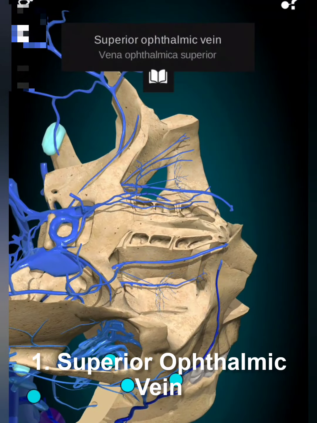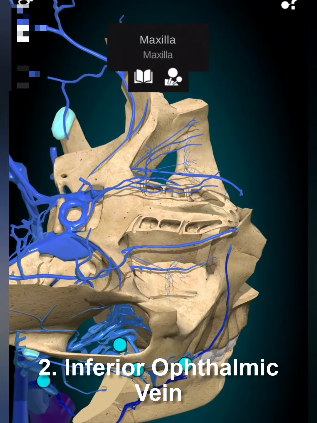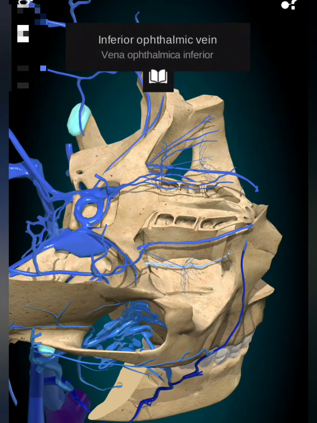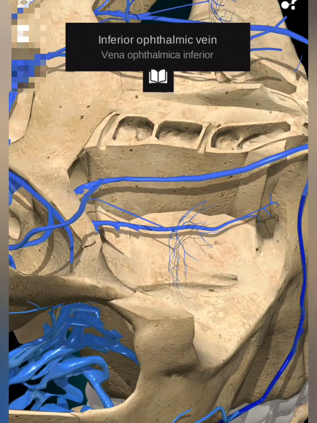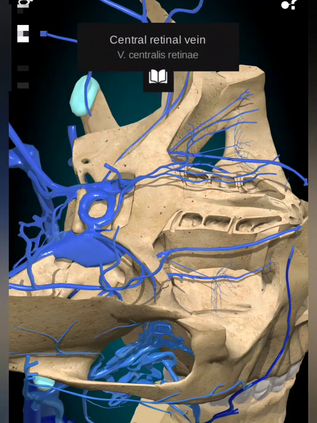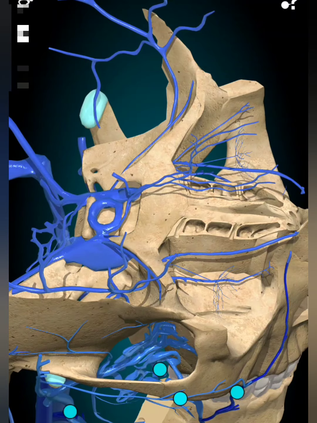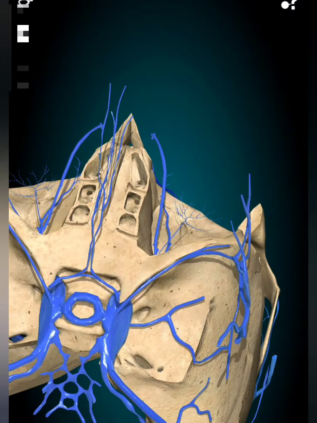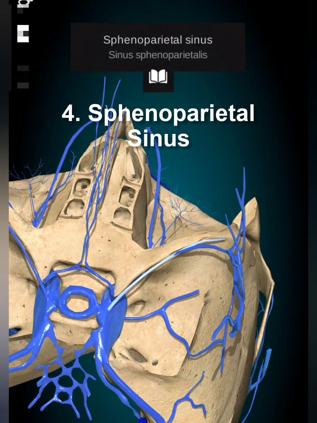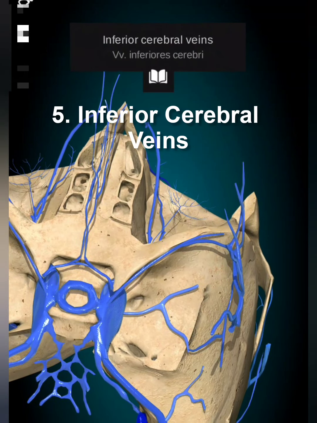1. The superior ophthalmic vein. 2. The inferior ophthalmic vein. 3. Central retinal vein. 4. Sphenoparietal sinus. 5.